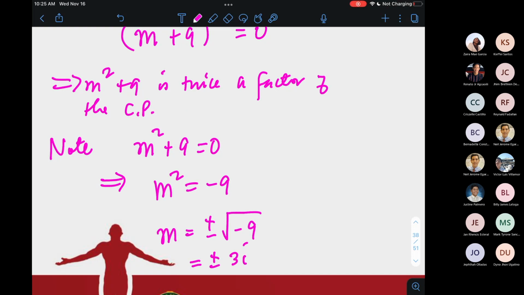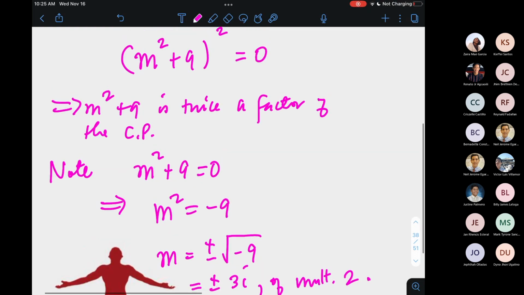Alright? So ang ating roots ay plus or minus 3i, both of which are of multiplicity 2. Kasi nga meron kang exponent na 2 rito, so twice mag-a-appear si 3i at twice din mag-a-appear si negative 3i as a factor or as a root of your characteristic polynomial.